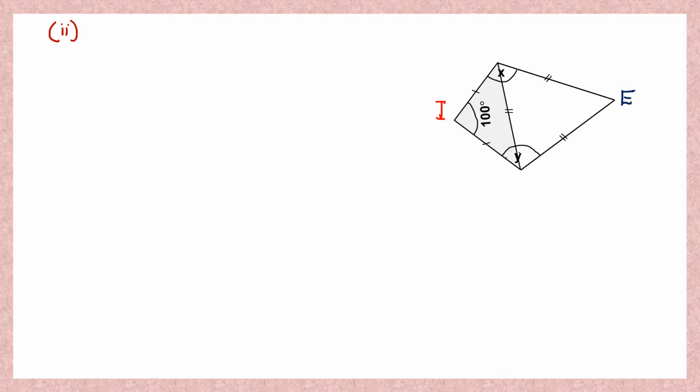And the unknown angles here are x and y. We need to find out x and y. We're going to start working with triangle 1, that is the isosceles triangle. So let's begin. Let each base angle of the isosceles triangle be A. We're going to mark it as A, each base angle.